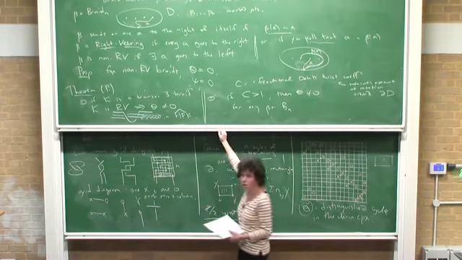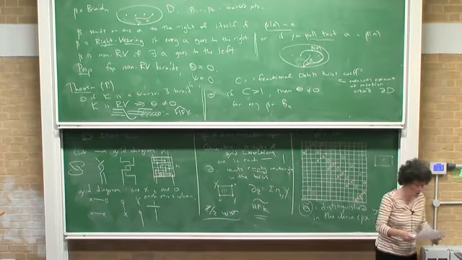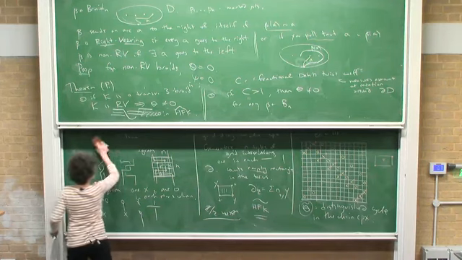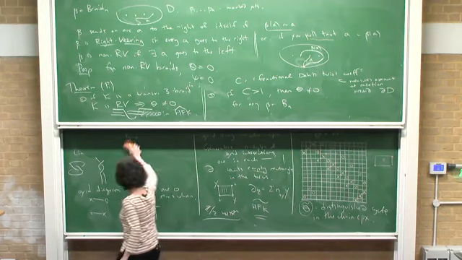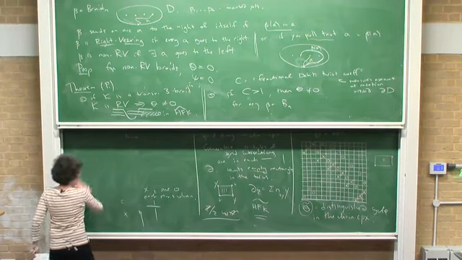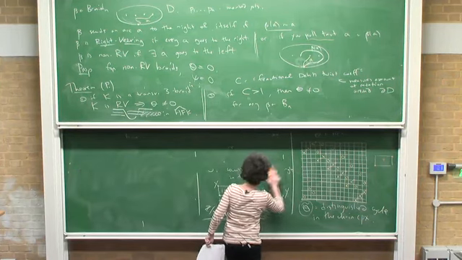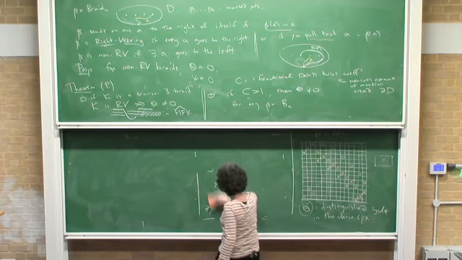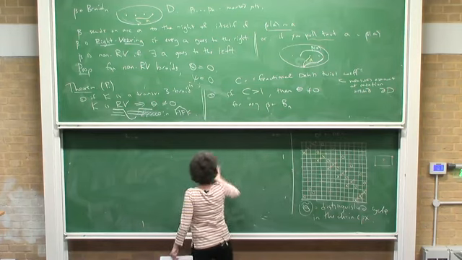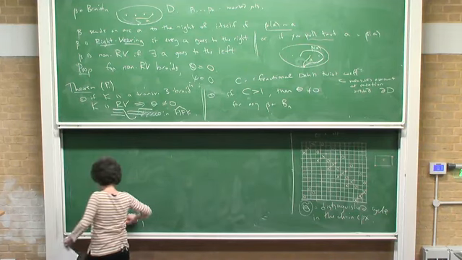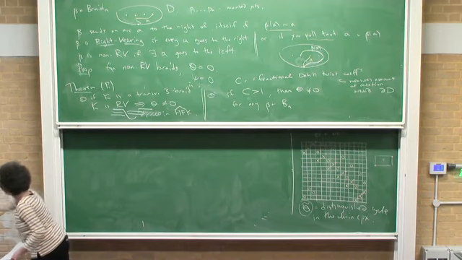Any more questions? So let me digress a little bit and talk about braid orderings and the relation to this right-veering, non-right-veering story.